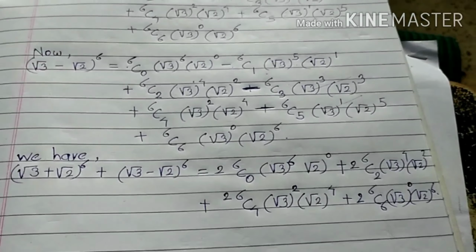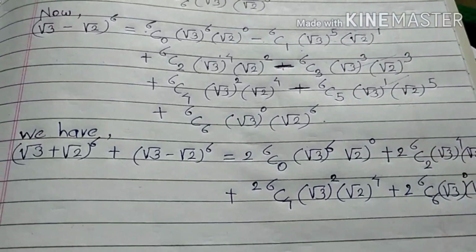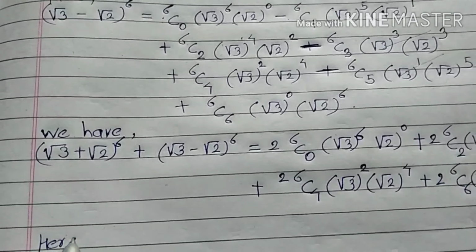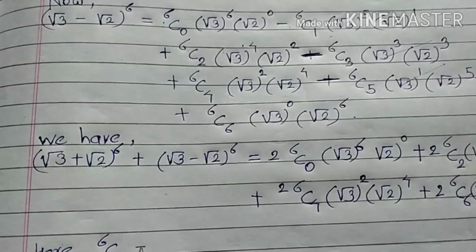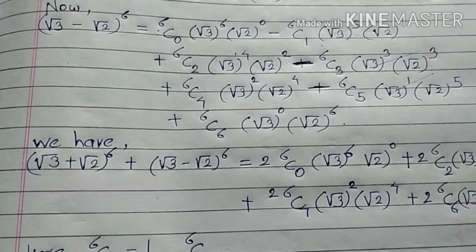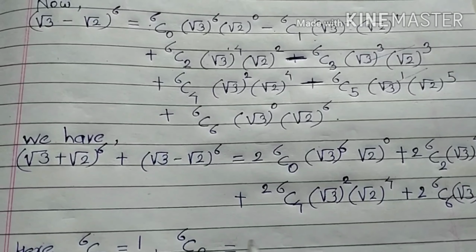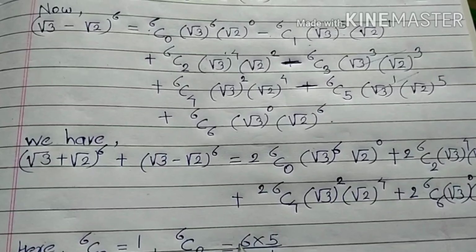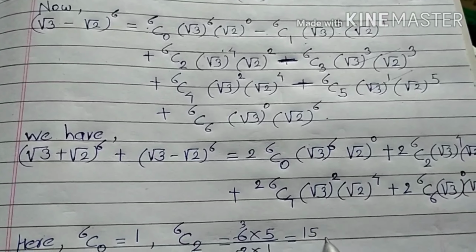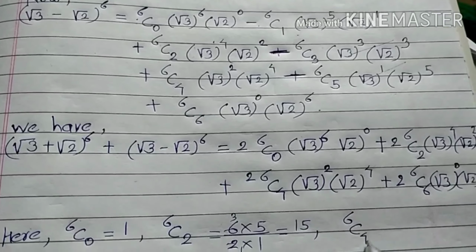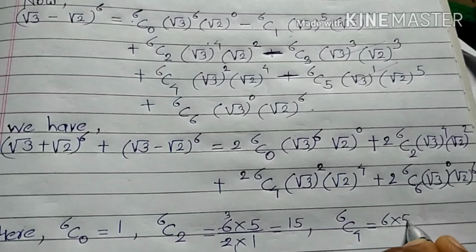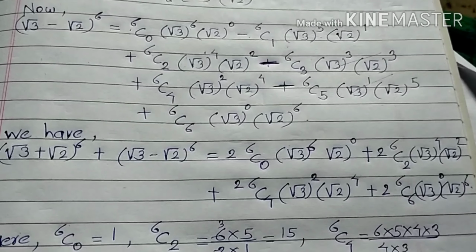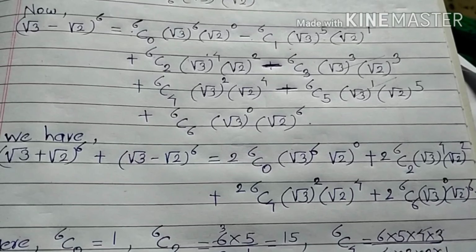So here we take now 6C0 is equal to 1. 6C2 is equal to 6 into 5 over 2 into 1, so it is 15. 6C4 is equal to 6 into 5 into 4 into 3 over 4, 3, 2, 1, so this term cancels.